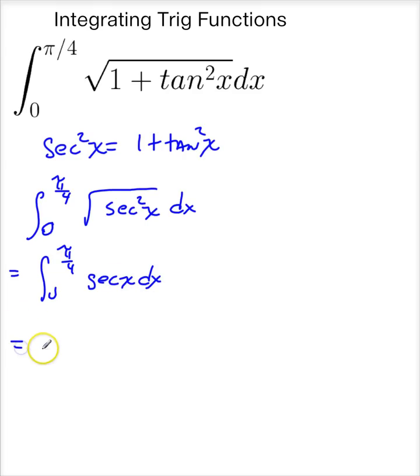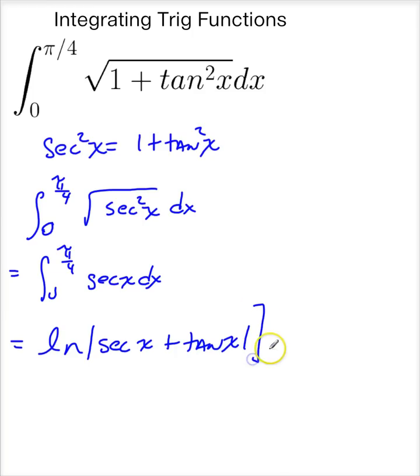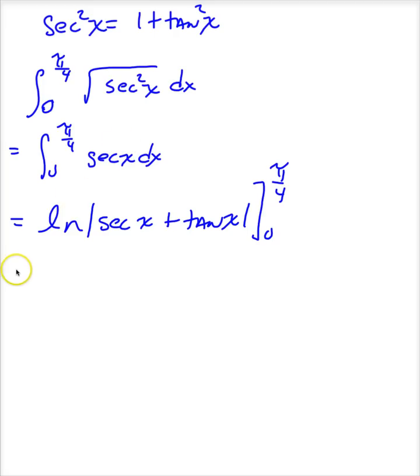Now we know the integral of secant x dx is the natural log of the absolute value of the secant of x plus tangent of x, and it is evaluated between 0 and pi over 4. Now it's just a matter of plugging in.